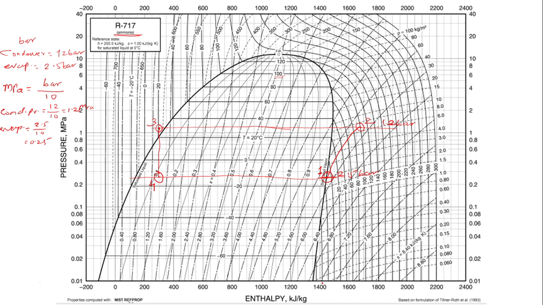So this is the 1400 line, then somewhere over here 1500, here 1450. So this will be something around 1420, 1430.